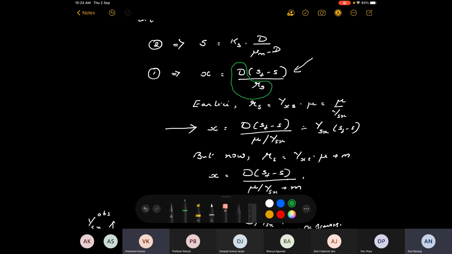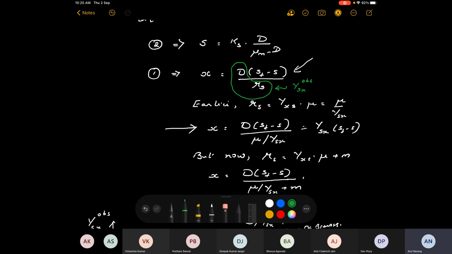By definition, Y(SX) observed is the value of D divided by the corresponding value of rS. They've just decided to give this a name. They've called this Y(SX) observed.